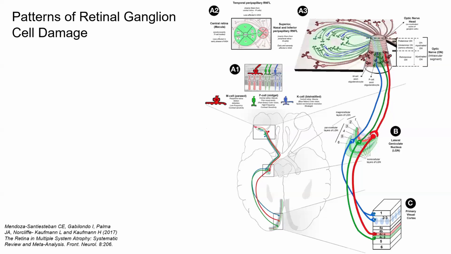They are centered to the center of our optic disc. And a little bit more to the periphery of our macula, we find the so-called M cells, the parasol cells, and they project to the magnocellular layers of our lateral geniculate nucleus. And this is quite important to keep in mind if we encounter different neurological diseases.